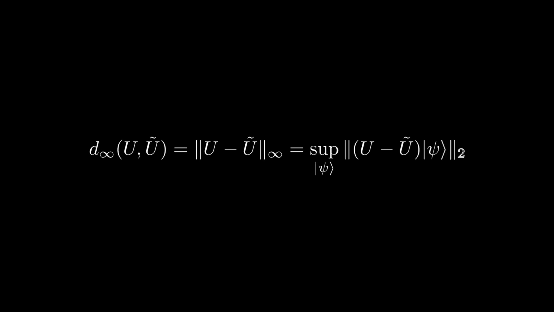This norm is particularly useful for analyzing how close two unitaries are. In particular, you can imagine that if we have a unitary U and an approximate realization, U tilde, we might be interested in bounding the worst case deviation in L2 distance as a measure of the error in our approximation. This metric is precisely given by the operator norm.